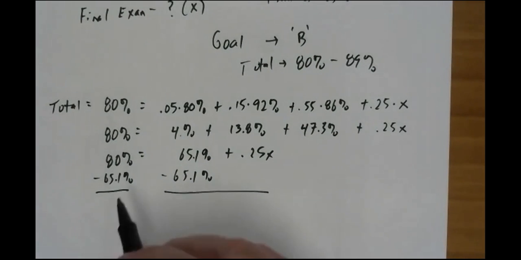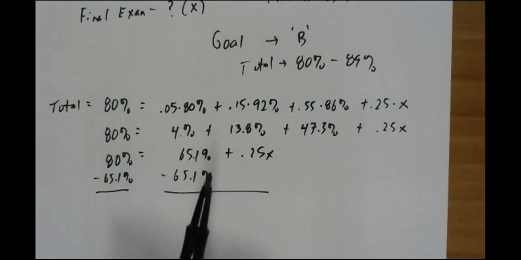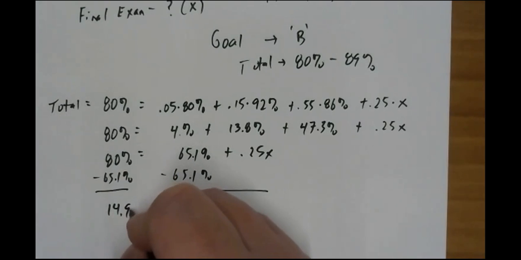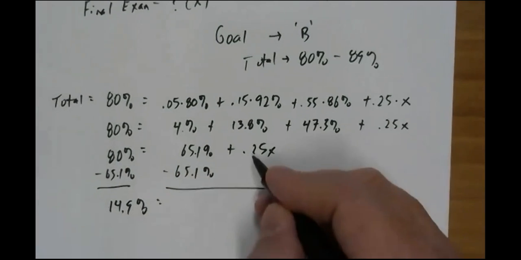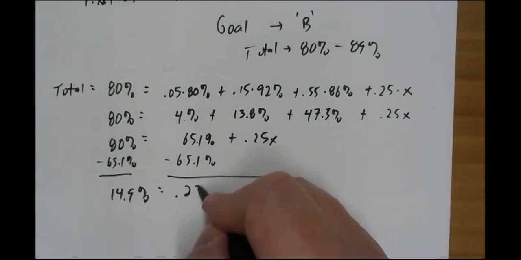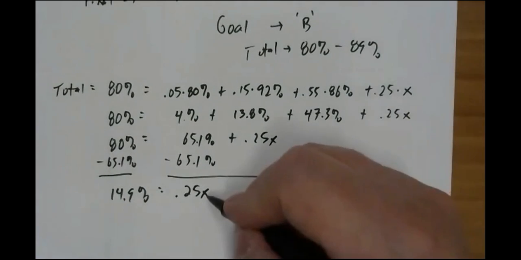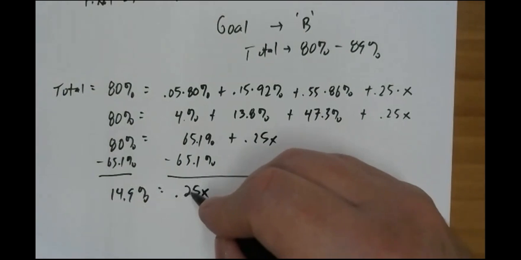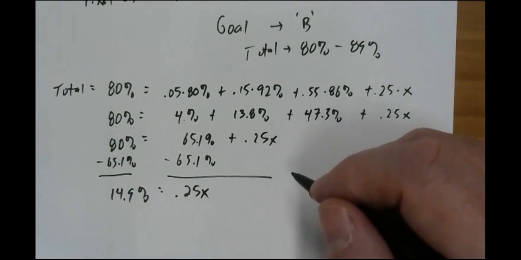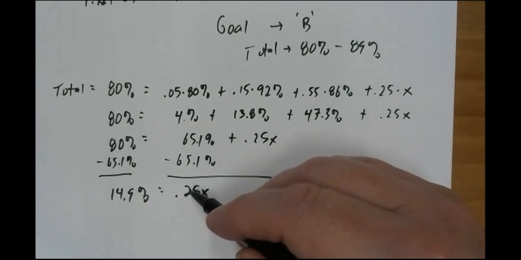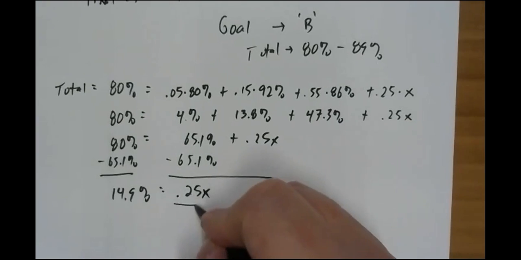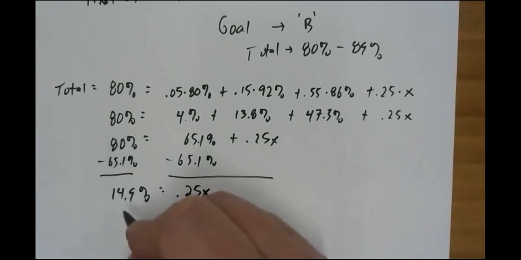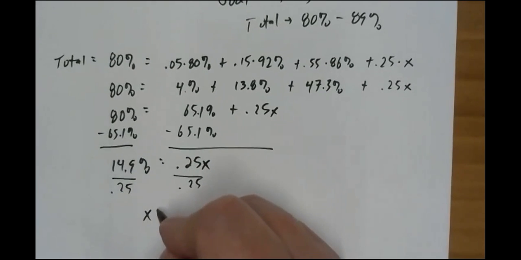So 80 minus 65.1 equals 14.9%, which equals 0.25x. If I want to solve for x, I need to get rid of this 0.25. What do I do in math? I can divide both sides by 0.25.